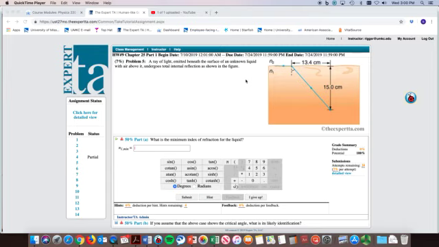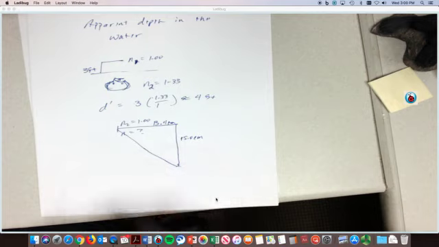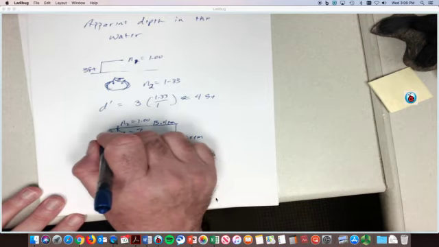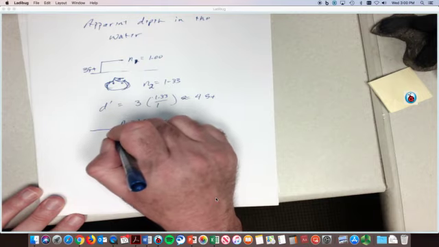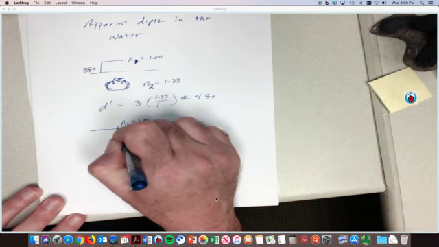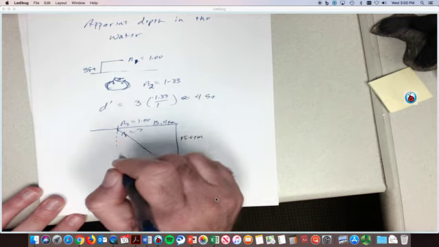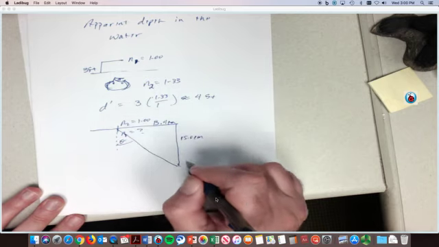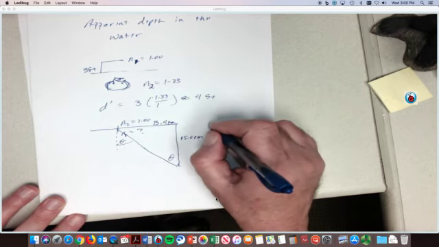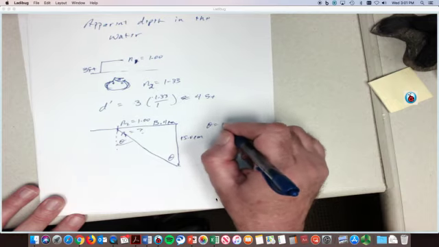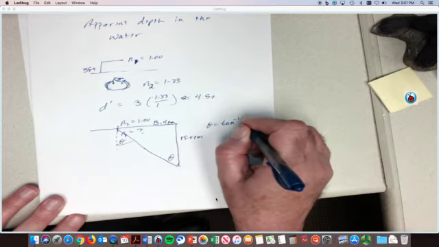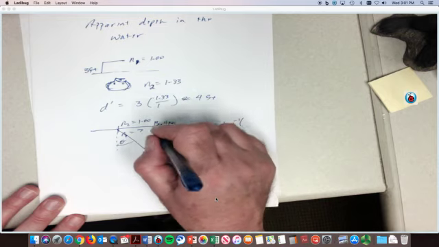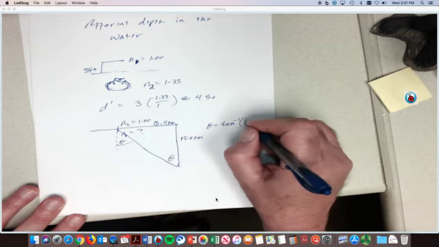Cool. We got this. Here's what I've got so far. We need to find N2 because it's the critical angle going off here. N1 we don't know. Theta we don't know, but we know that theta is equal to the inverse tangent of opposite over adjacent, 13.4 divided by 15.